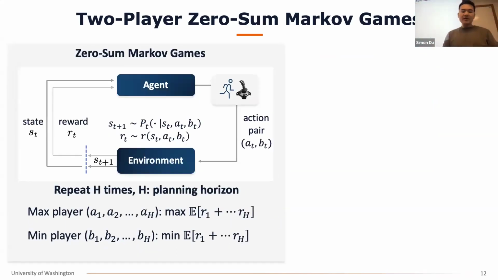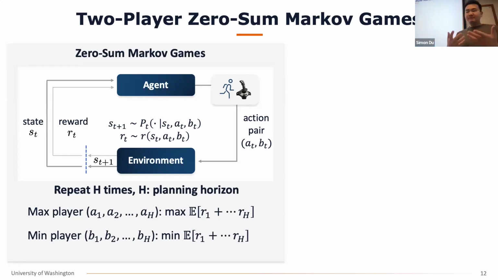Okay, so specifically this is the setting. It's very similar to the single-agent setting, but here we have two players interacting with an environment. At each time step, they are in a state S_t. Different from the single-agent setting, here you have an action pair, A_t and B_t.